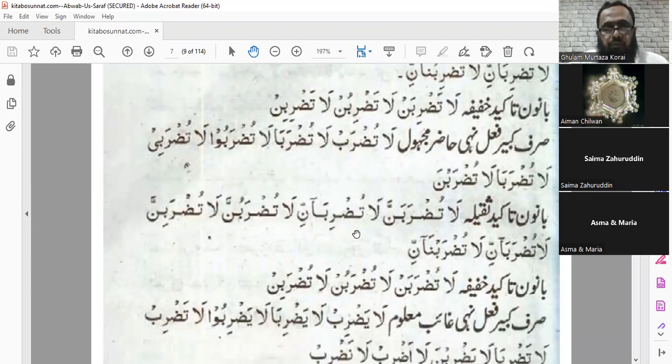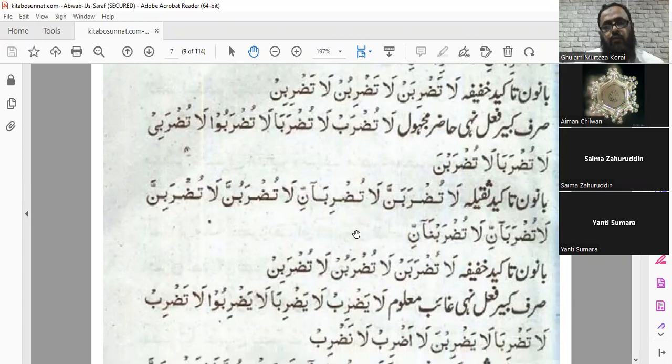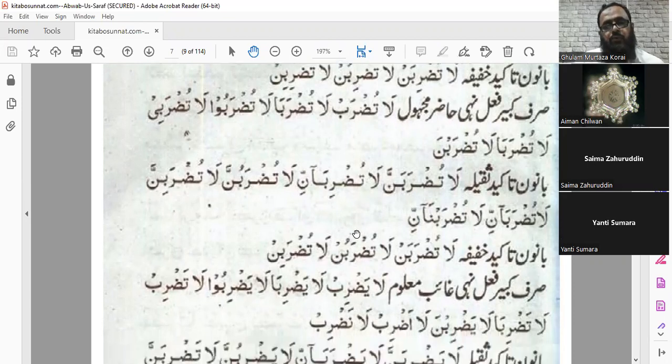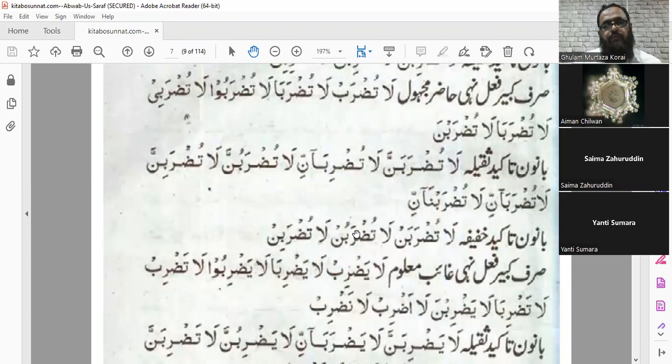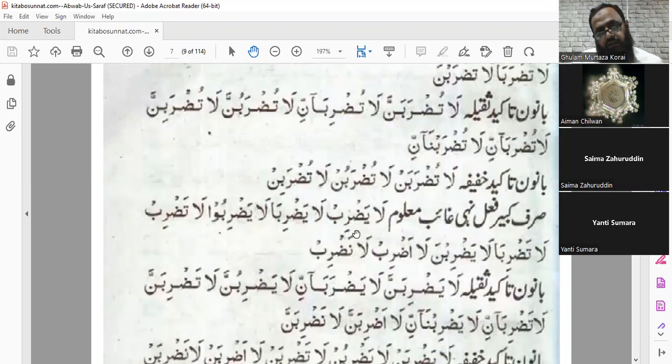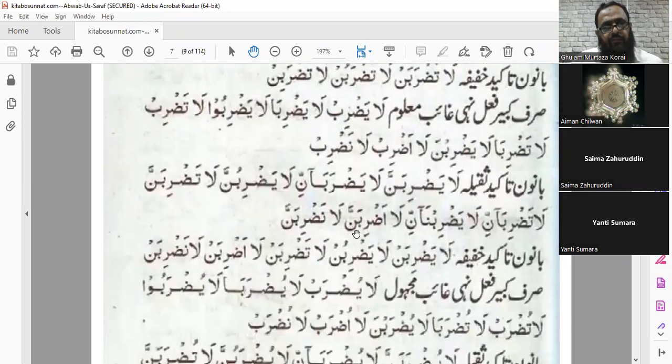Then if we come to majhul: لا تضرب, لا تضربا, لا تضربوا, لا تضربي, لا تضربا, لا تضربن. And with Nun Taqid Thaqila: La Tudrabanna, La Tudraba, La Tudrabanni, La Tudrabunna, La Tudrabinna, La Tudrabanni, La Tudrabnani. And in khafifa: La Tudraban, La Tudrabun, La Tudrabin. Okay.